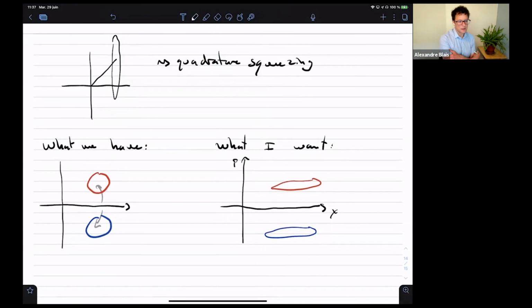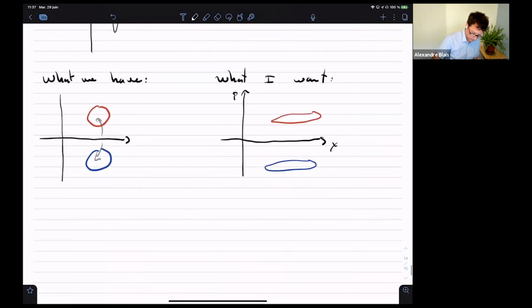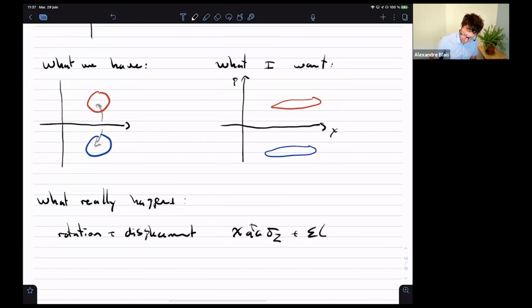However, the story is not so simple. So what really happens? Remember, the Hamiltonian for the dispersive readout will be rotation plus displacement. I have chi a dagger a sigma z, plus this drive.